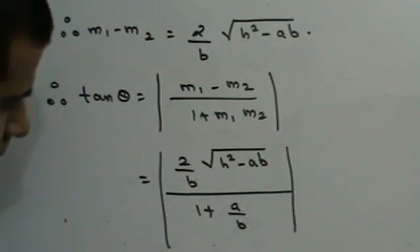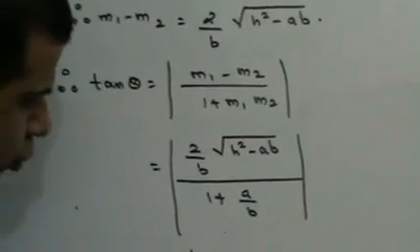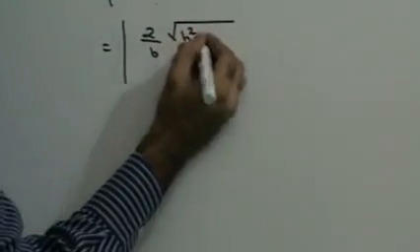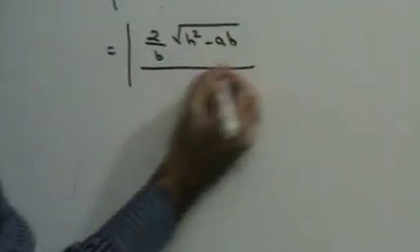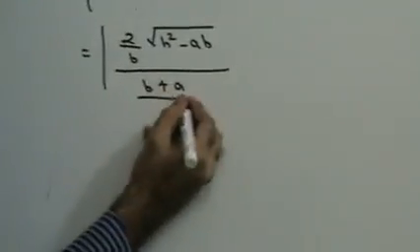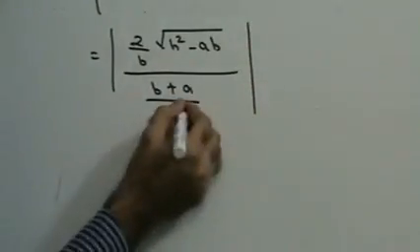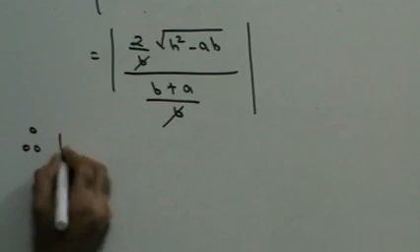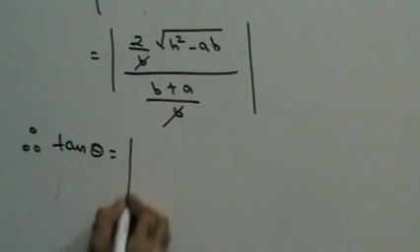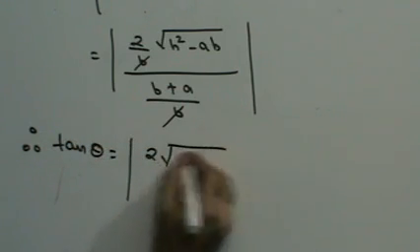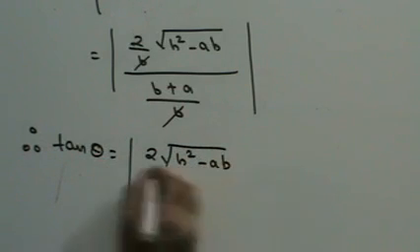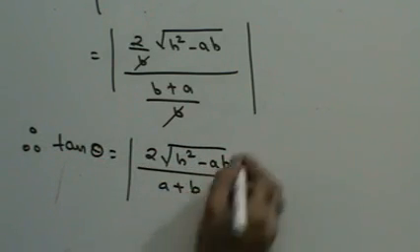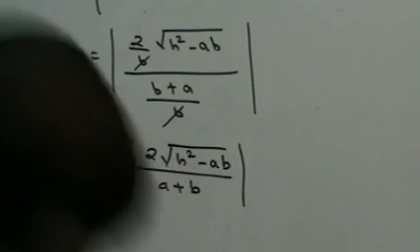This is 2 upon b root of h square minus ab upon b plus a upon b. b and b get cancelled. Therefore, you will get tan theta is modulus of 2 root of h square minus ab upon a plus b. Fine, do we get this in here?